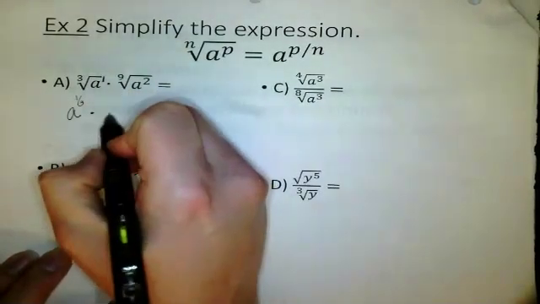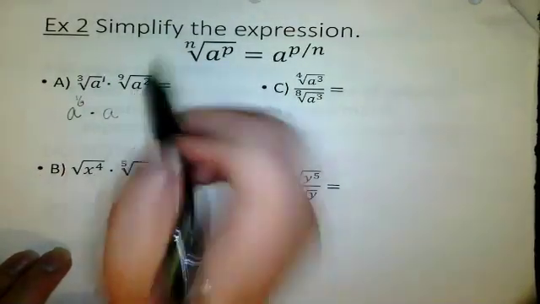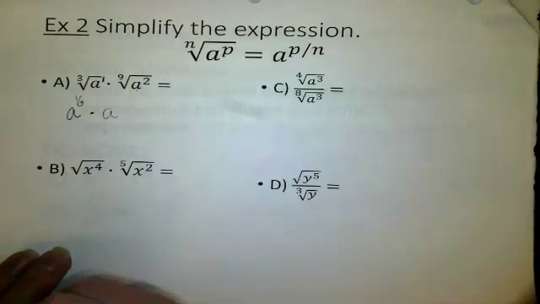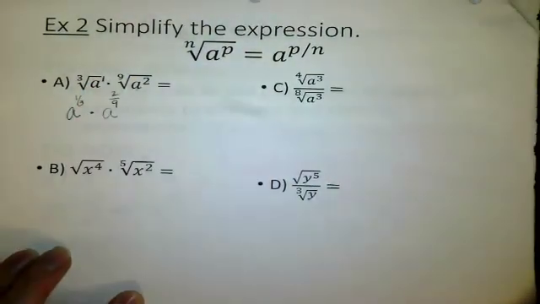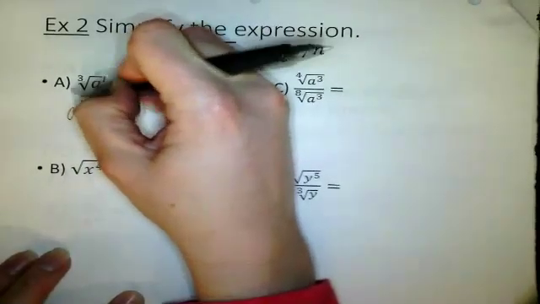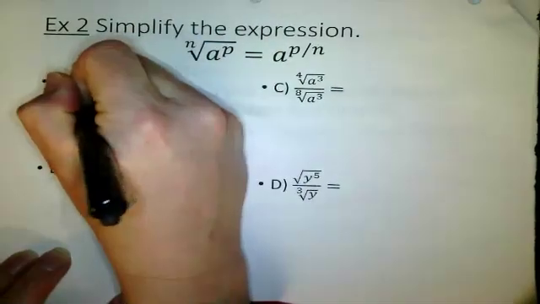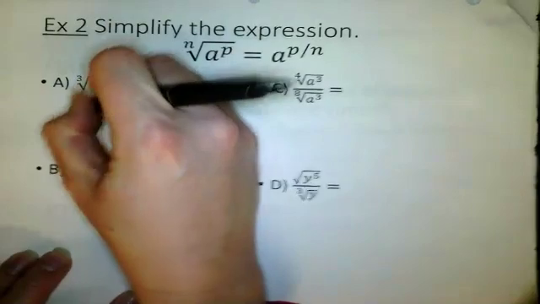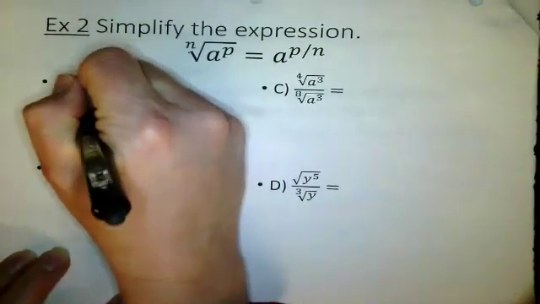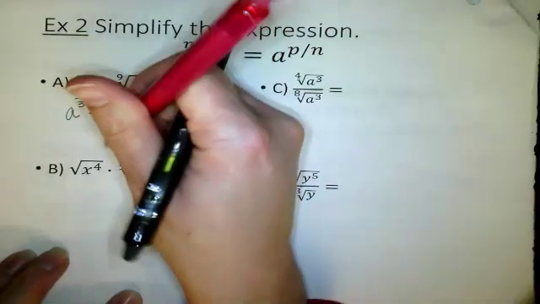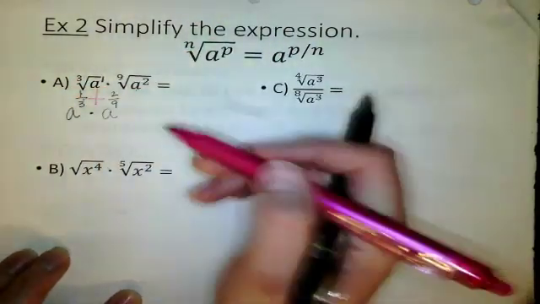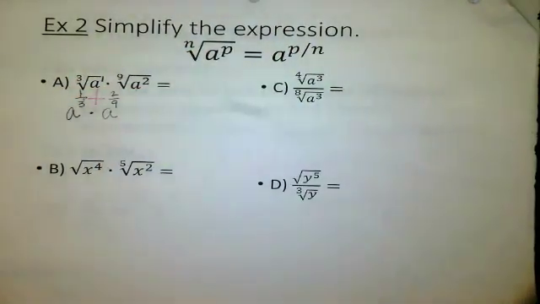And here, the 9th root of A squared can be rewritten as A to the 2/9. 1/3 and 2/9. They have the same base. What should we do if they have the same base? Add the exponents, sure. We're going to add those exponents together, but they need a common denominator.